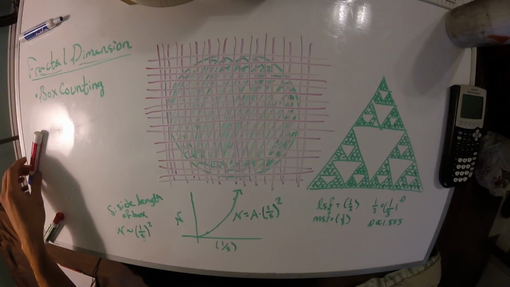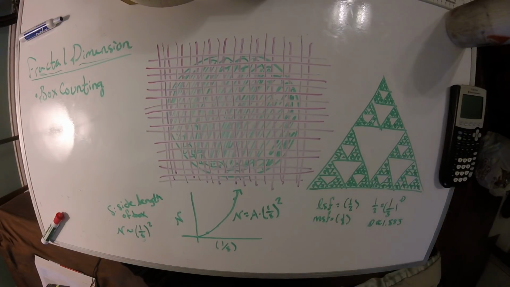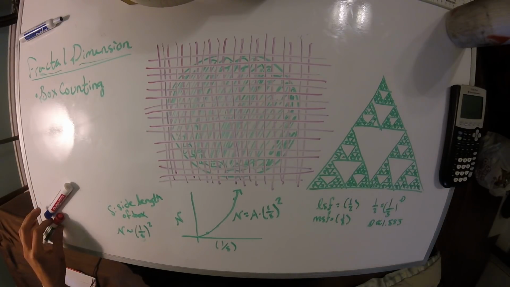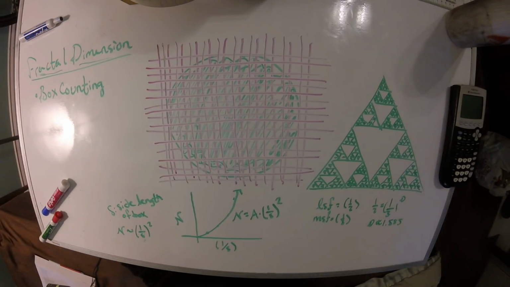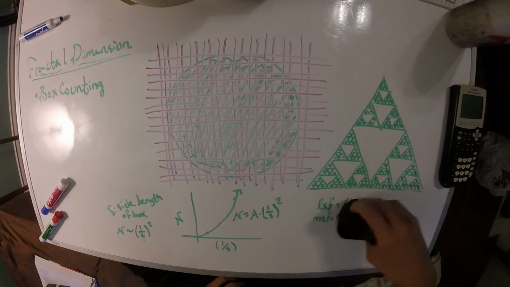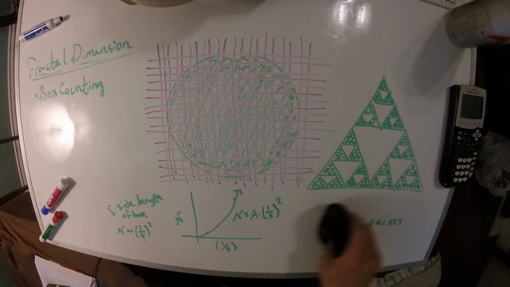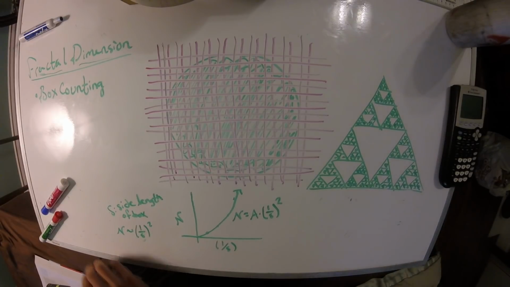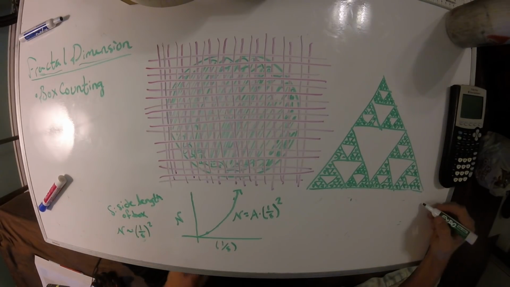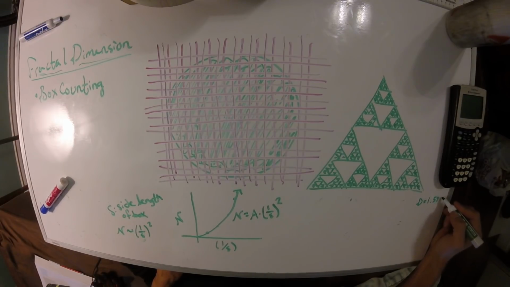But what happens when you apply this same technique to the Sierpinski triangle is you'll get D equals 1.585.